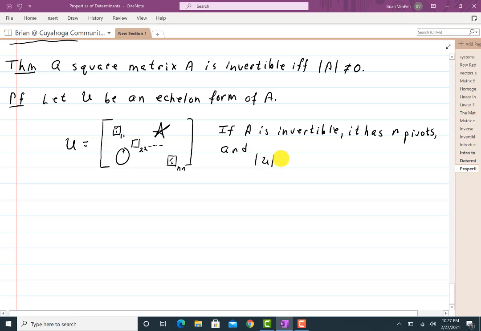And the determinant of U will equal block 1,1 times block 2,2 times block n,n. And in fact, because of the way that theorem was structured, I can put inside of here, A is invertible if and only if. So that takes care of this all in one swoop.